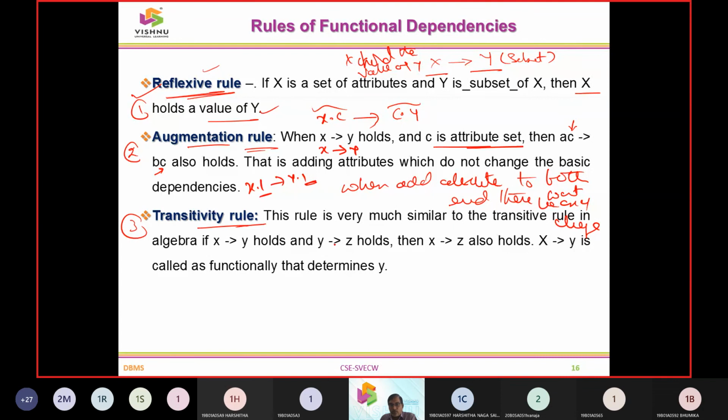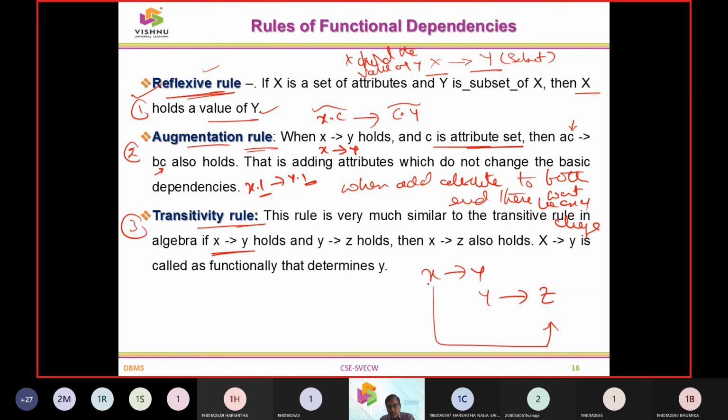The third thing is the transitivity rule. In this rule, X to Y holds a relation, and Y to Z holds a relation.